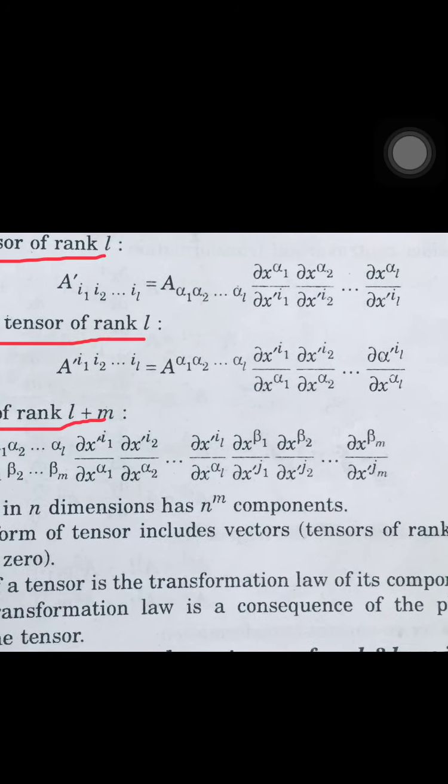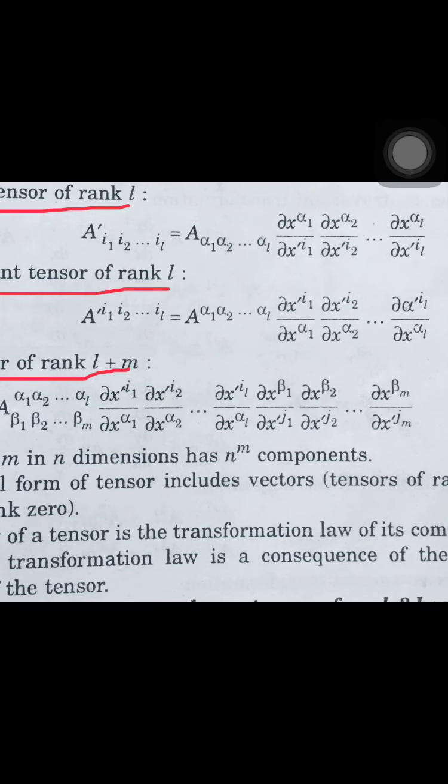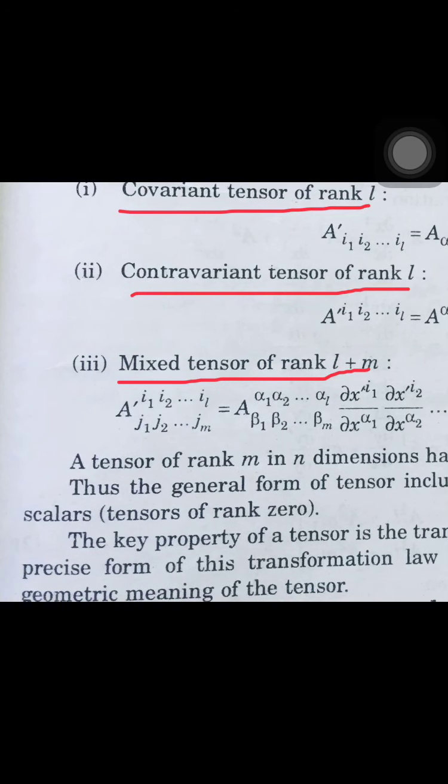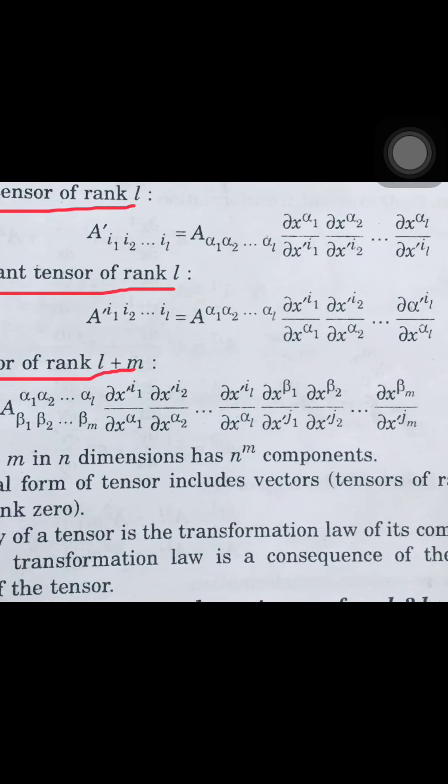Now, these are the formulas defining covariant. In covariant, all the indices are given as lower indices. Covariant tensor means lower index like i1, i2, iL. Here with the A dash system, and same in the A system, alpha 1, alpha 2, alpha L without dash system.